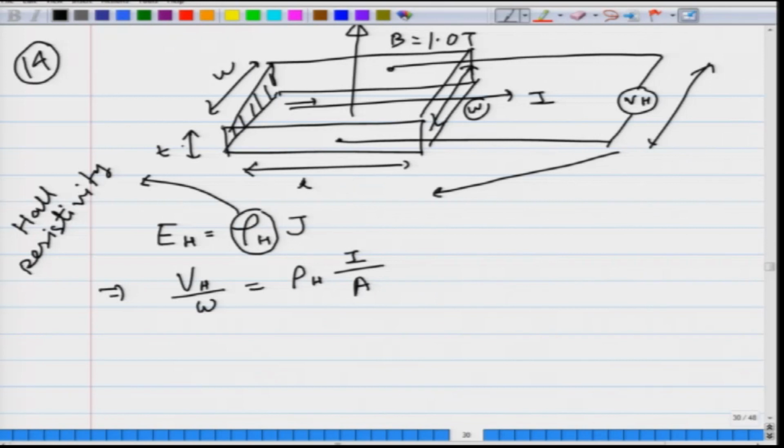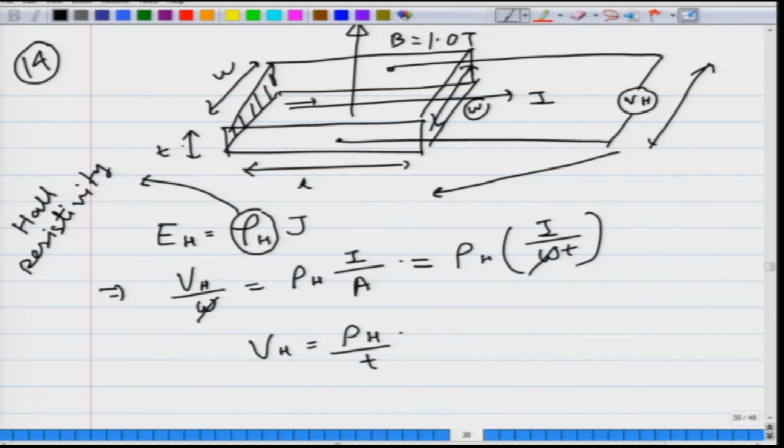The area is W into T. So, V_H by W is rho_H into I by W T. W will get cancelled out. So, V_H will be rho_H by T into I.